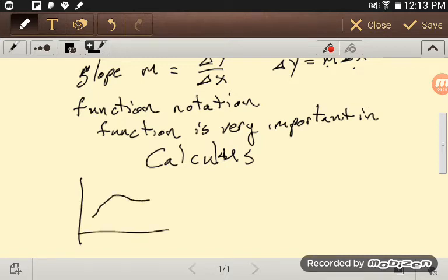Functions, of course, are just any sort of relationship between one variable, and usually we say x, and another variable y, and we think of that as a relationship for which, for any given x, if there is a y that goes with it, then there's only one y that goes with it.